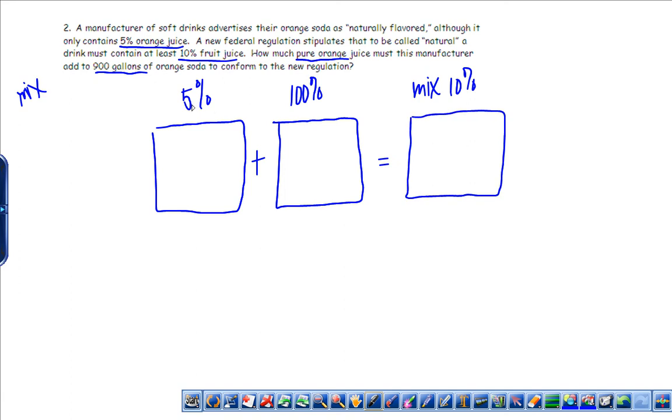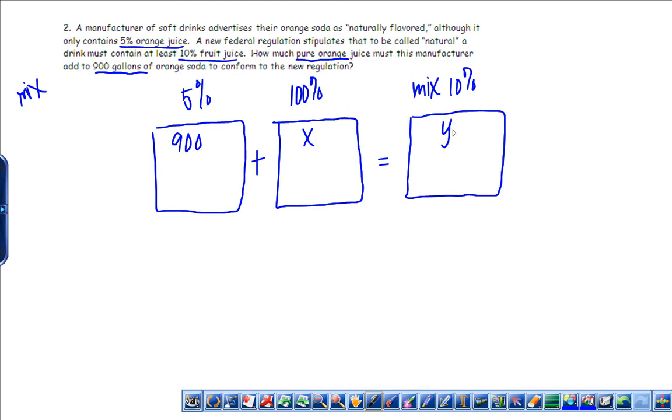Okay, so to start with the 5%, it says how much pure orange juice must be added to the 900 gallons of orange soda. So the orange soda right here is this 5%. So we have 900 of the orange soda. We don't know how much we're adding to get to the mixture. So this is what we're starting out with.